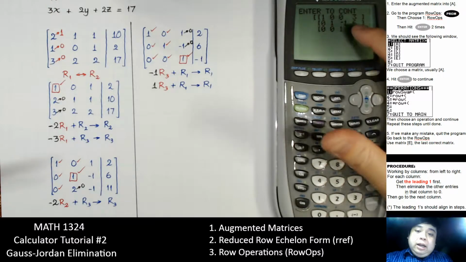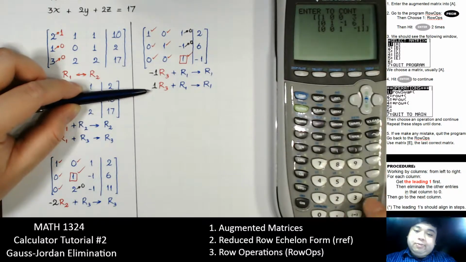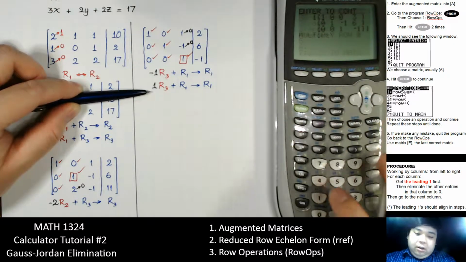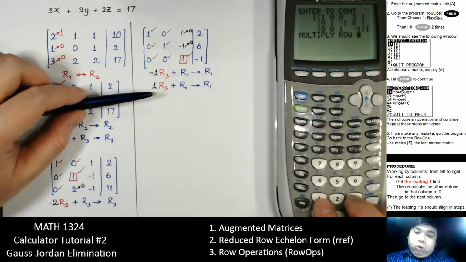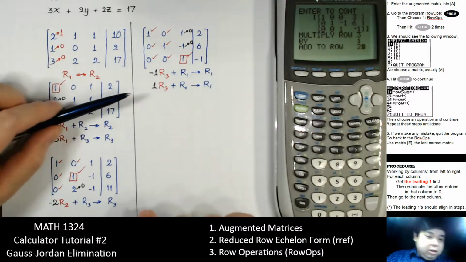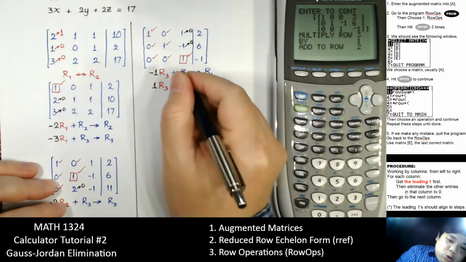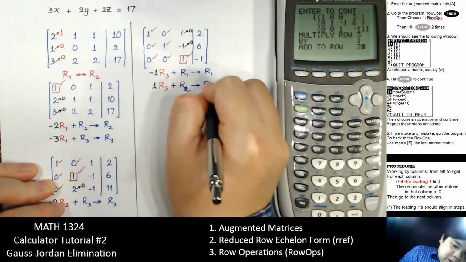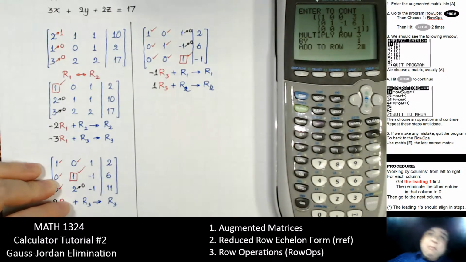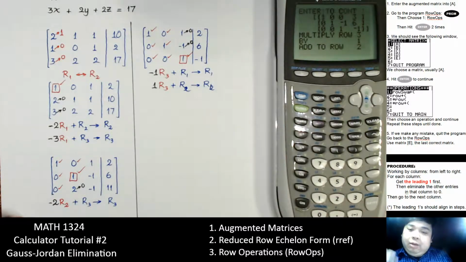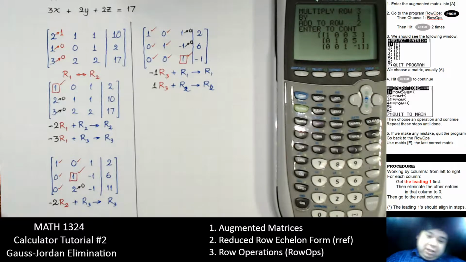Anyway, now we turn that to 0, which is this. Multiply row 3 by 1, add to row 2. Sorry, this should be 2. Right. Then we have that.